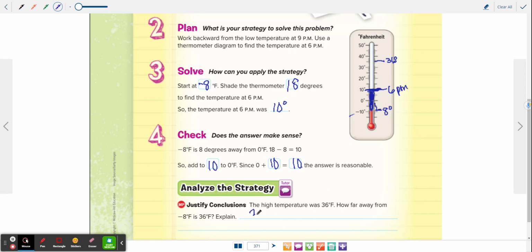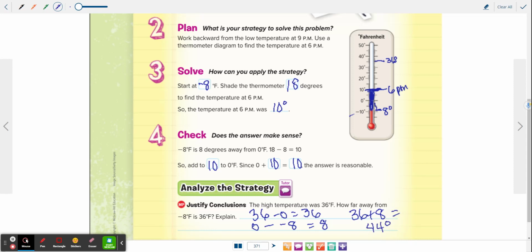Well, 36 to 0 is 36, right? And then 0 to -8 is 8 more. So now 36 plus 8 would be 44.